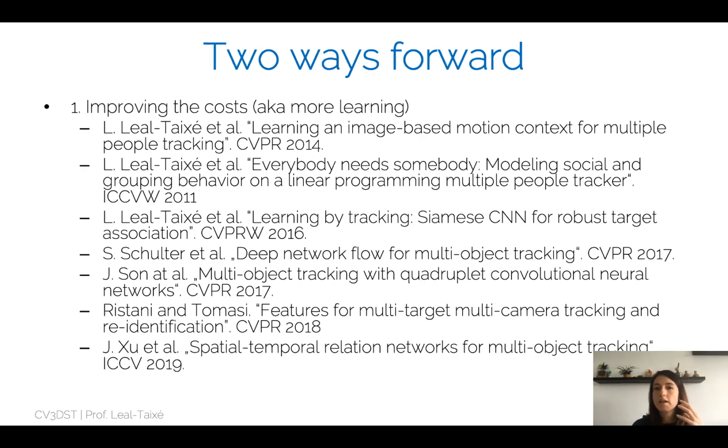So once we have defined our formulation, I go back to my initial question and say, well, now I want to put some deep learning in there, right? I want to take advantage of the power of deep learning and put some of this representational power into my formulation. One way of doing that, the most direct way, is to improve the definition of the cost, right? So I put all my learning power into the definition of the cost.